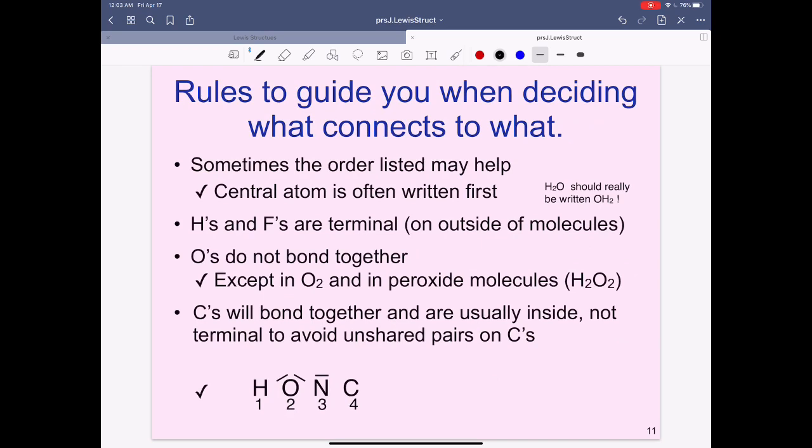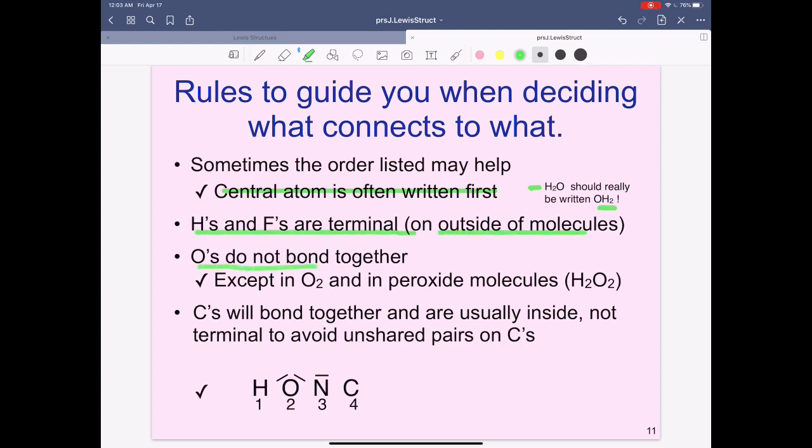Finally, here are some rules to help guide us when we are drawing Lewis structures, and sometimes the order can help us. Often the central atom will be written first. That's not always true. Of course, we write water as H2O. Perhaps we really should be writing it as OH2, but we're not about to change now. We'll find hydrogens and fluorines terminal, meaning on the outside of molecules.